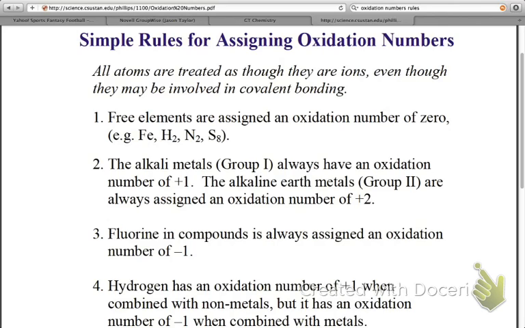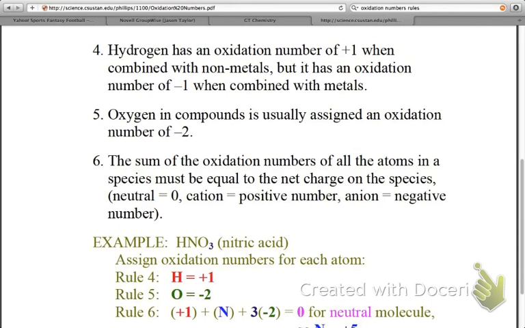And then we have the rule for hydrogen. The hydrogen rule tells us that hydrogen can be one of 2 things. Because hydrogen has 1 valence electron, if it bonds with a metal, hydrogen will be the most electronegative and be -1. So remember, hydrogen's electronegativity value is about 2.1, which is moderately high.